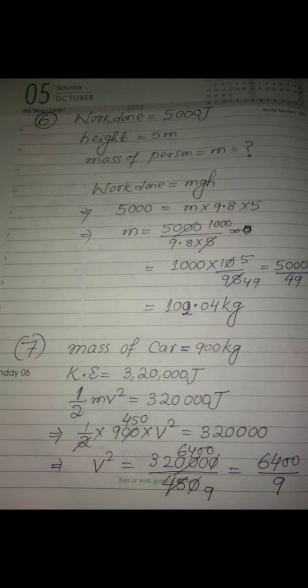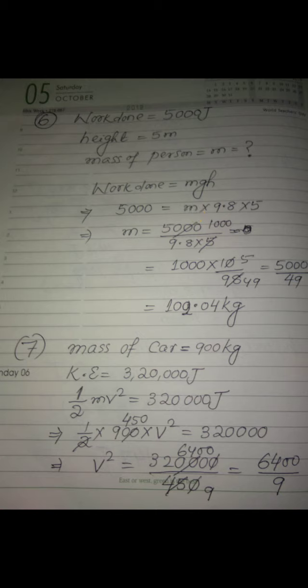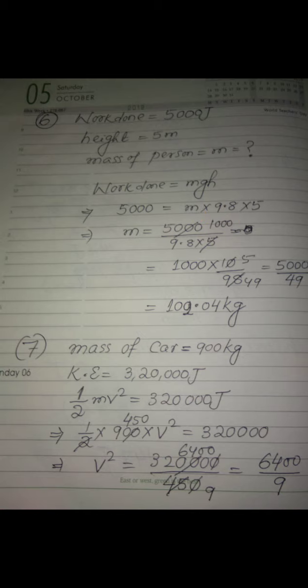We know that the work done formula equals m into g into h. So work done 5000 equals m into 9.8 into 5. Thus m equals 5000 divided by 9.8 into 5. 5 and 5000 cancel, 1000 will come.